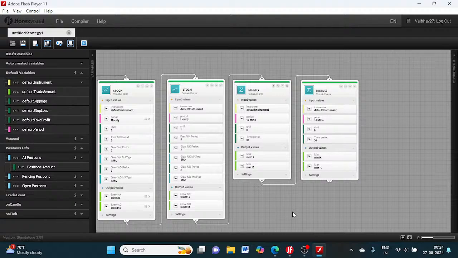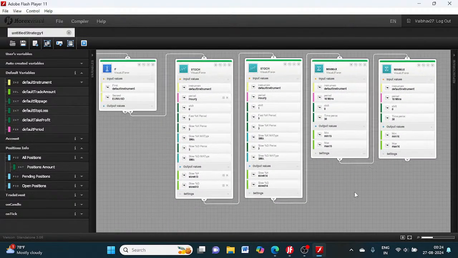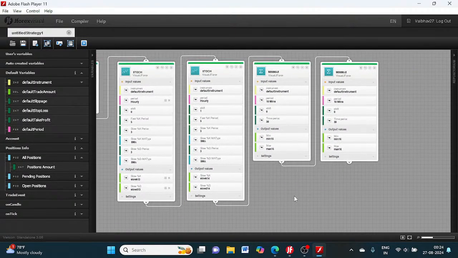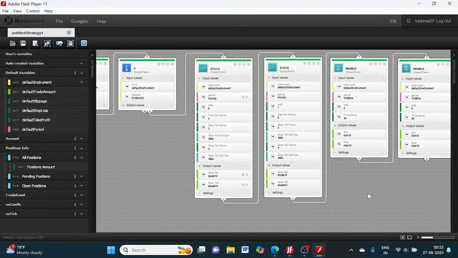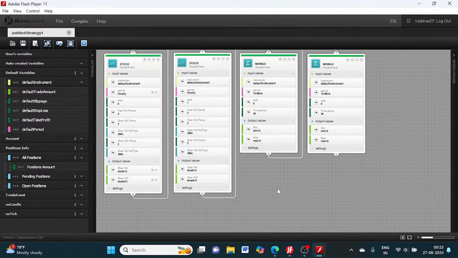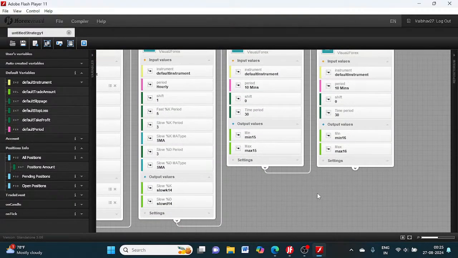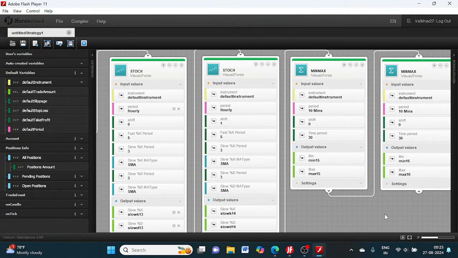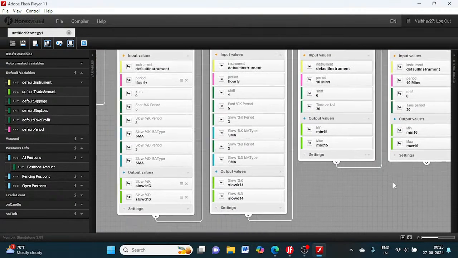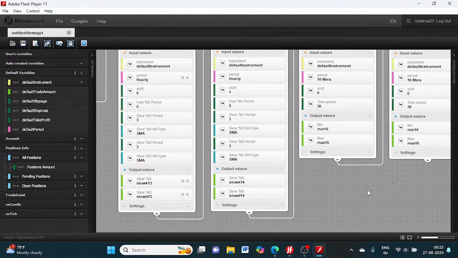Alright, here we have added stochastic blocks and the min-max visual blocks, which we feel are going to be adequate for defining the conditions. If anything else is needed, we will add it in course of time. Now let me zoom in a bit. So far so good, it looks alright to me.